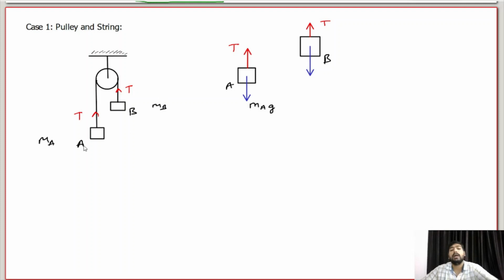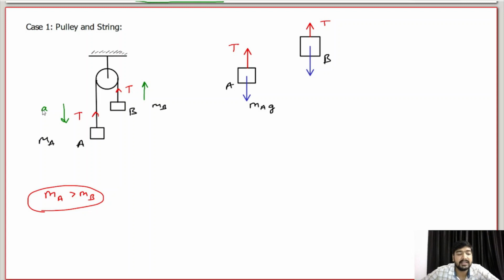Now, if these two masses are different, not equal, what happens? This body will move downward because it has more weight, and block B will move upward. Their accelerations will be opposite but equal.